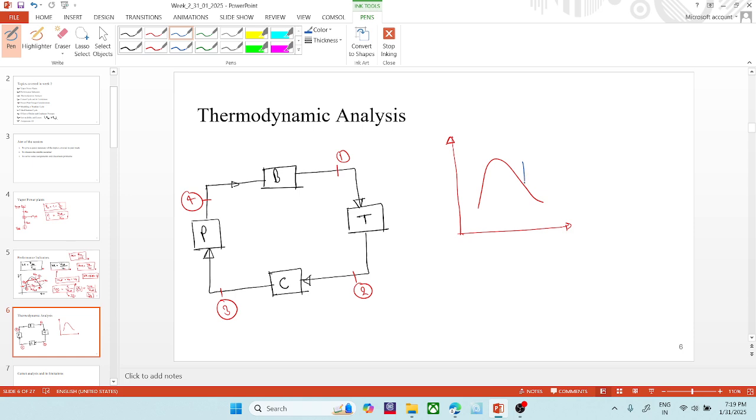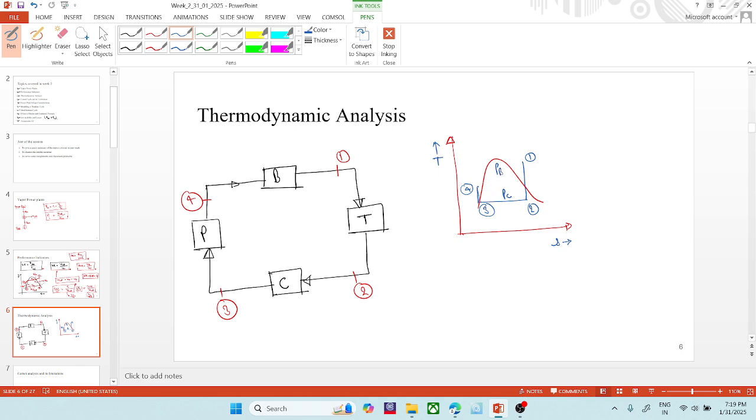This is point 1 to 2, which shows the expansion of the steam inside the turbine, and point 2 to point 3, it rejects heat in the condenser, then point 3 to point 4, the pump work is supplied to increase the pressure from the condenser pressure to the boiler pressure.